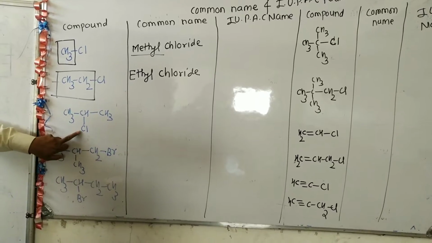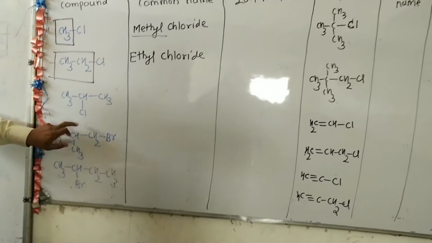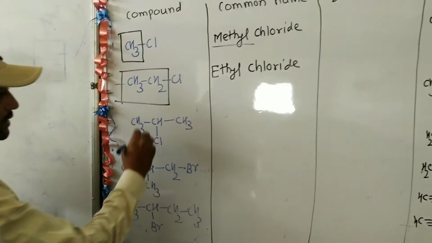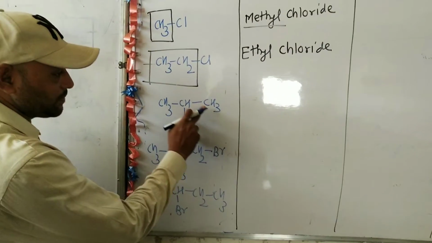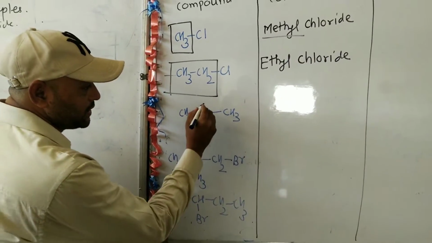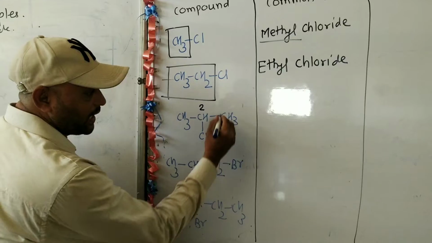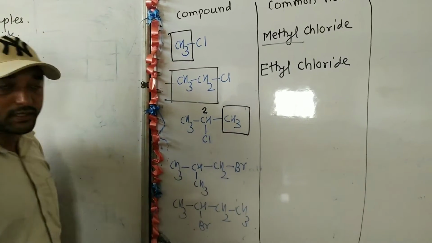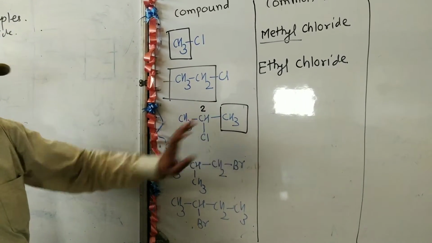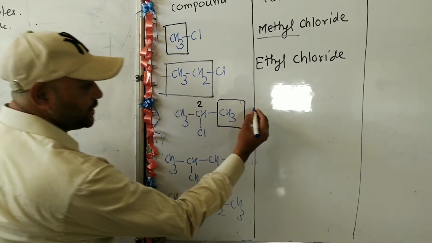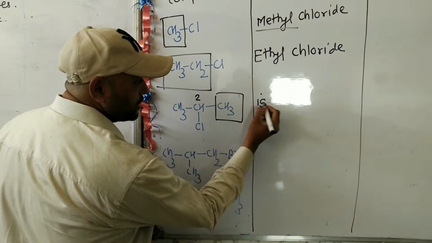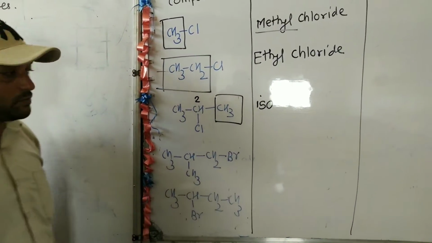CH3CHClCH3, and here in the second carbon, Cl. Look at here, a 3 carbon chain in which the second number carbon has a methyl group. So this group in common name is called iso.